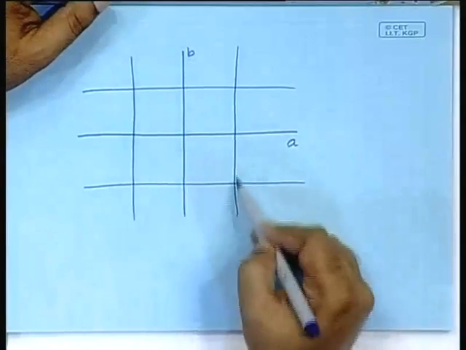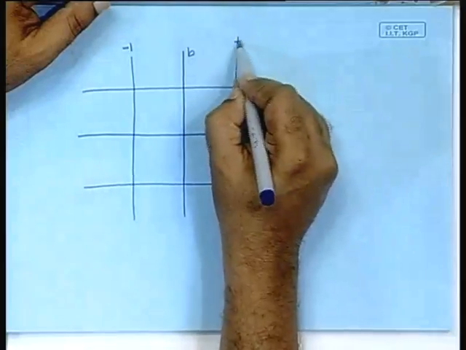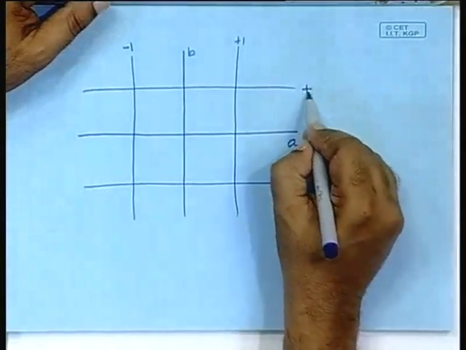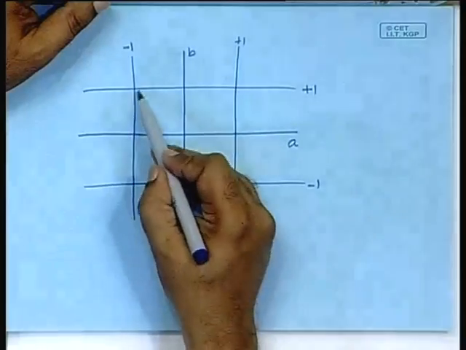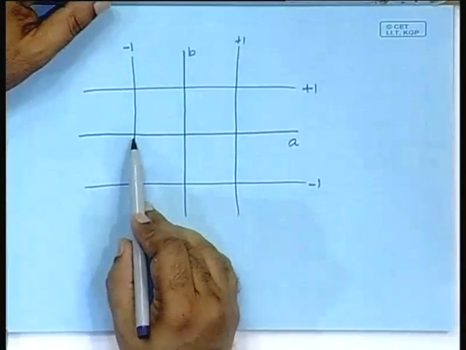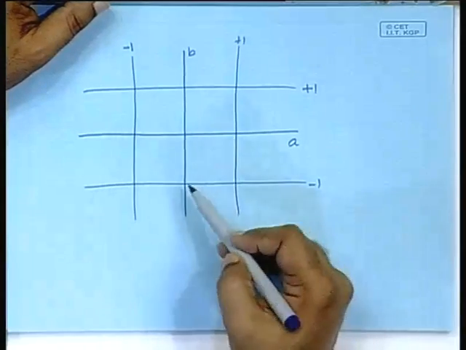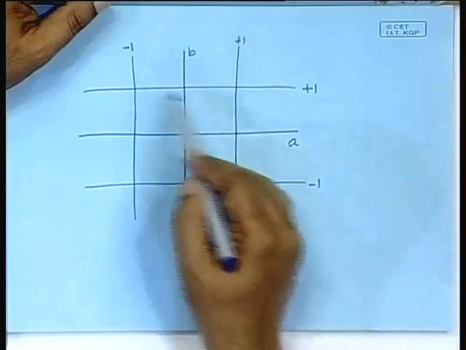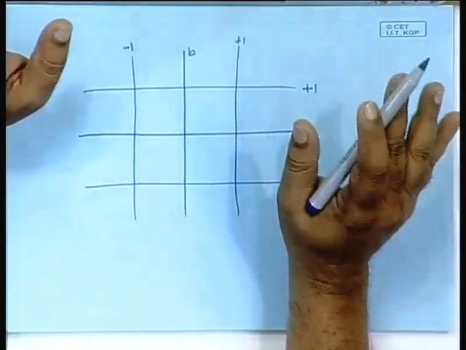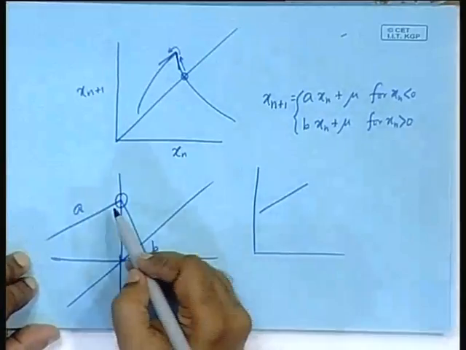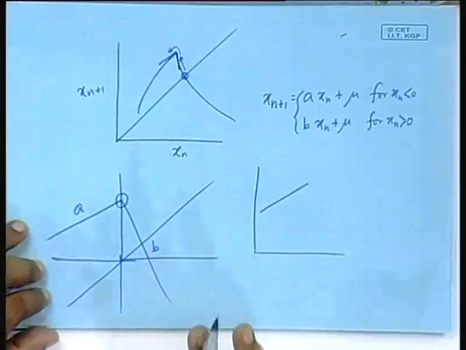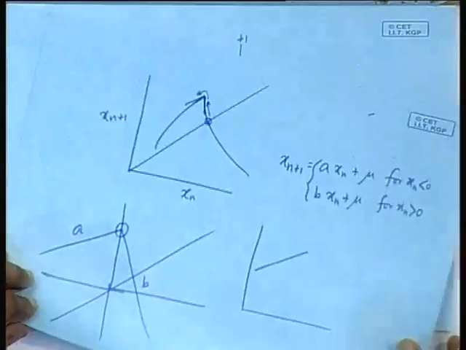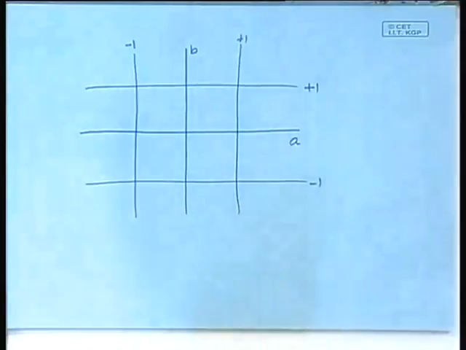So, in this box where this is minus 1, this is plus 1 and this is plus 1 and this is minus 1, which means A ranges between minus 1 to plus 1 and B ranges between minus 1 to plus 1, you expected a stable behavior as the fixed point moves across the border. So, this point would be called the border, because that represents the borderline between two different types of behavior.